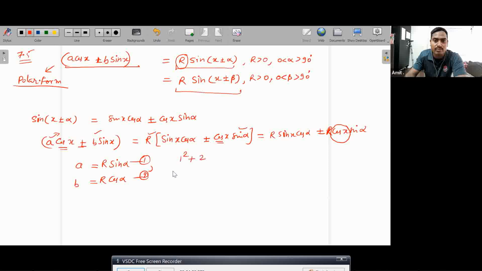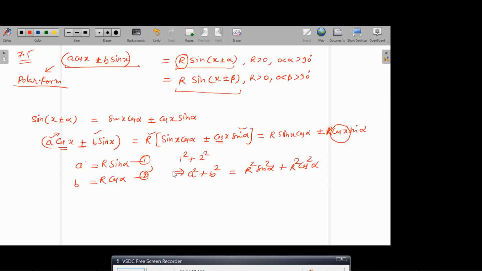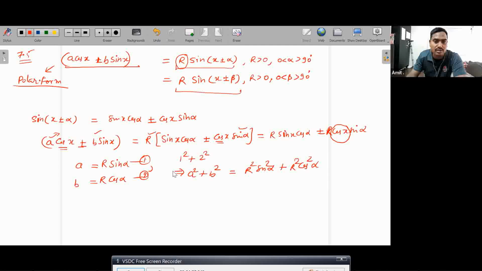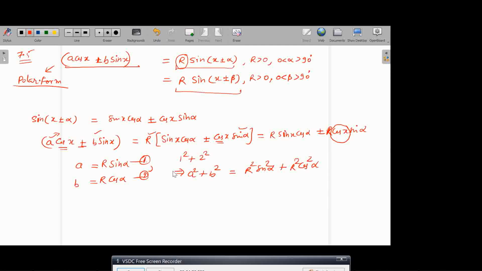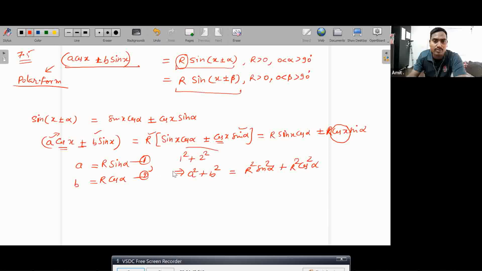If we take 1 squared plus 2 squared, a squared plus b squared is equal to r squared sin squared alpha plus r squared cos squared alpha.